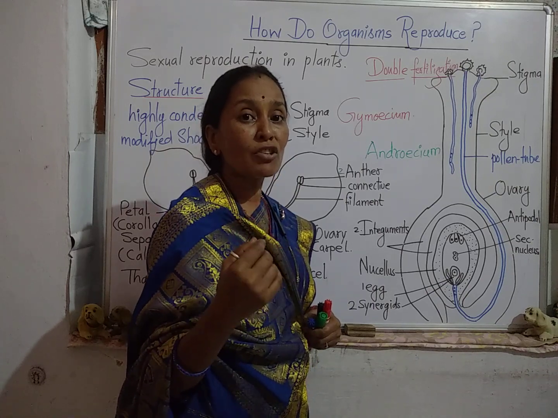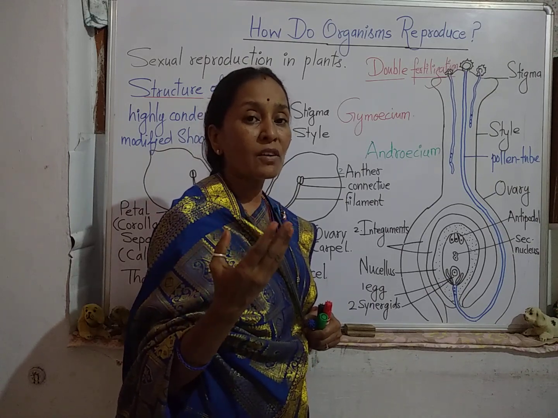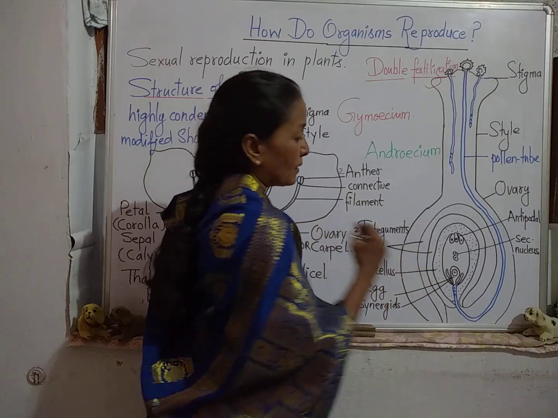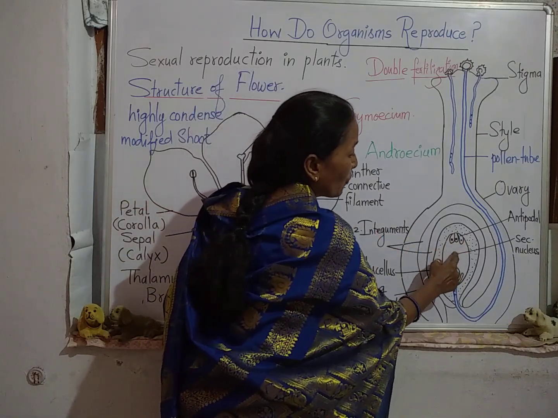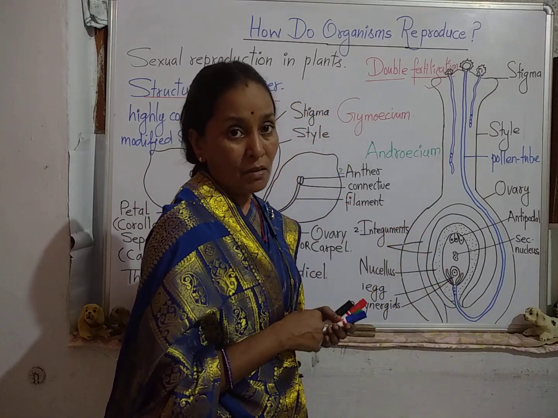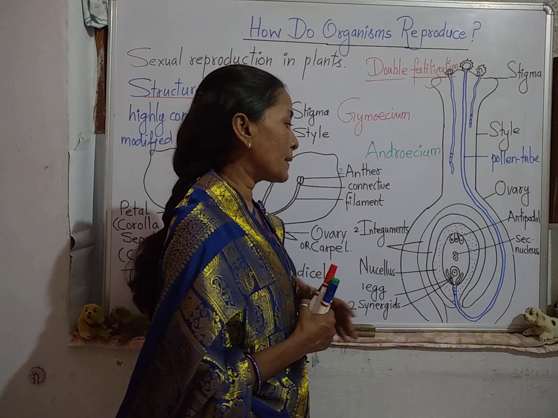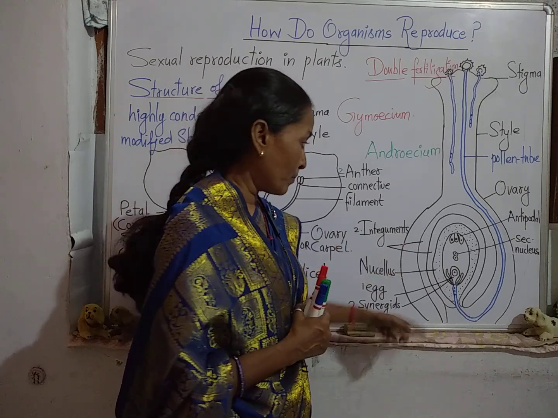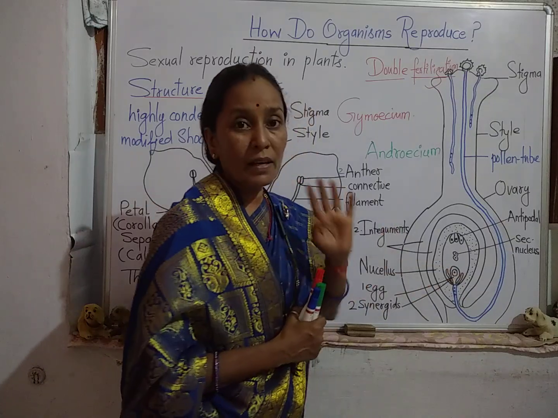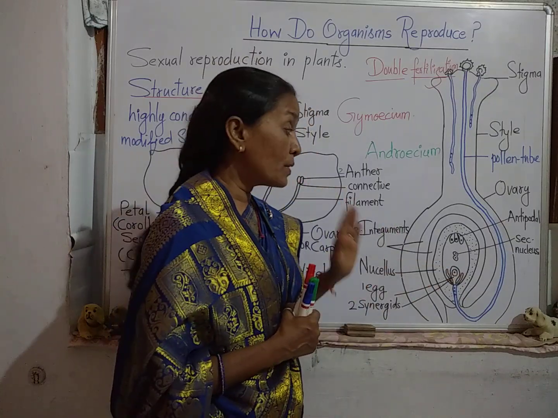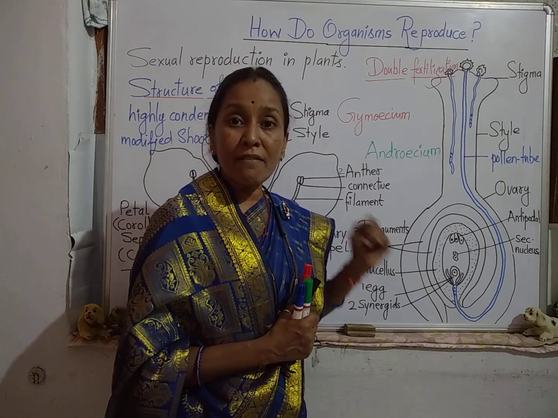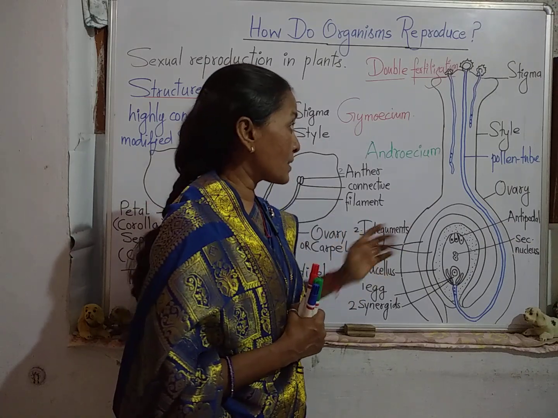One of the cells of the nucellus undergoes meiosis, and there is a formation of a 7-celled structure. But please students note that there are 8 nuclei. There are 8 nuclei, but only a 7-celled structure. So the embryo sac is a 7-celled, 8-nucleate structure.